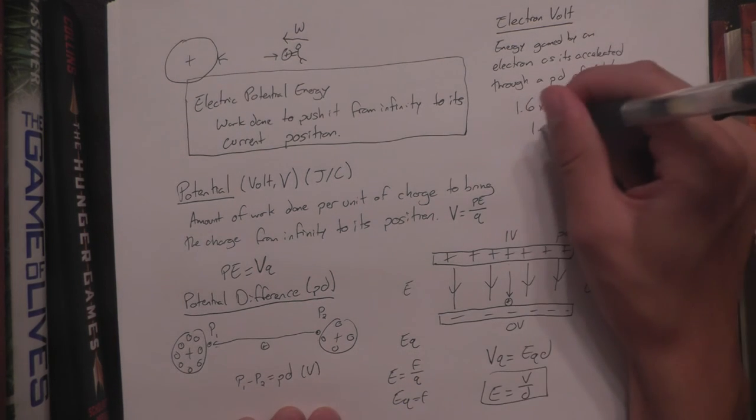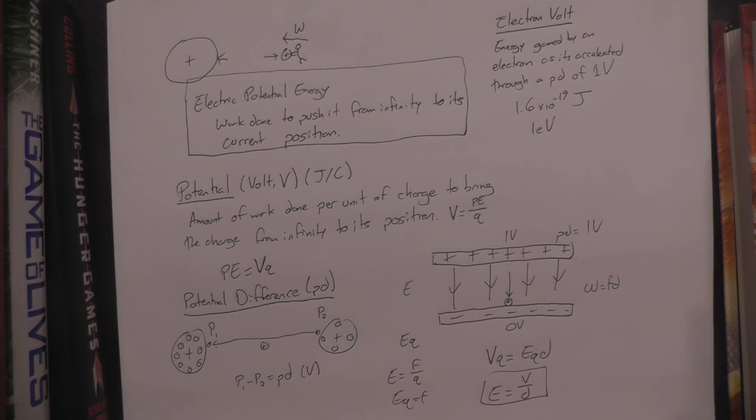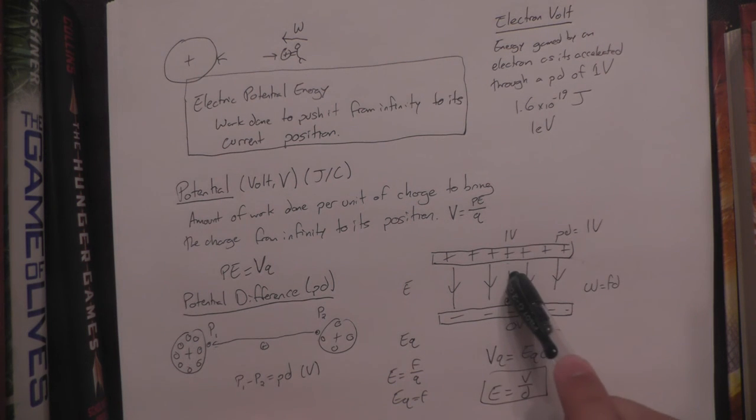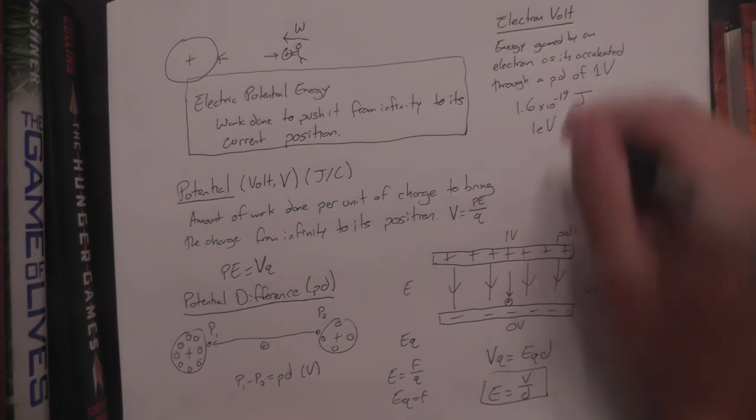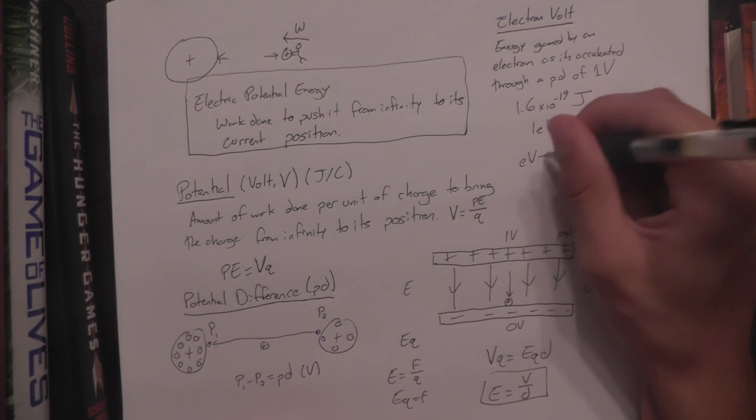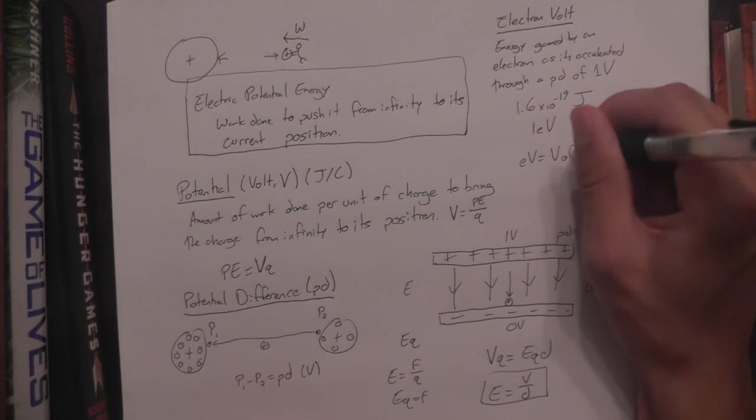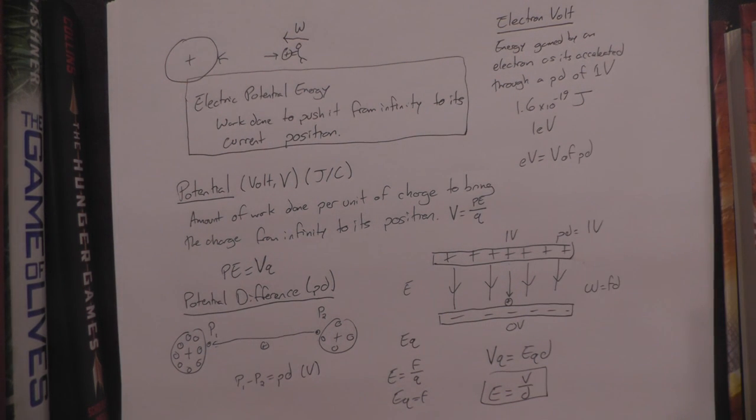And if that's just 1 electron volt, well, it's a lot easier to use 1 than 1.6 times 10 to the negative 19th. And it's especially convenient in this example where the electric field is uniform, because then the amount of electron volts will actually equal the voltage of the potential difference. So it's just very convenient.